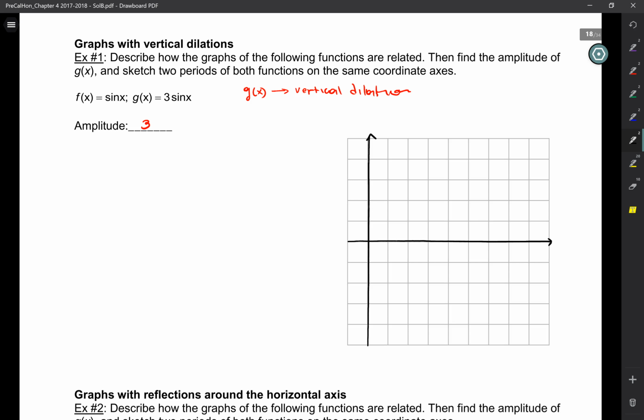Okay, now, how much is the period for the sine function? 2 pi. So it starts at theta equals 0, goes to theta equals 2 pi. So this is x, and this is y. So we start at 0, and now we're going to go 1, 2, 3, 4 to 2 pi.